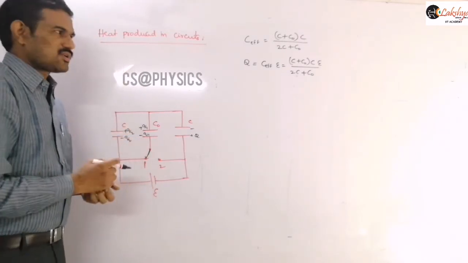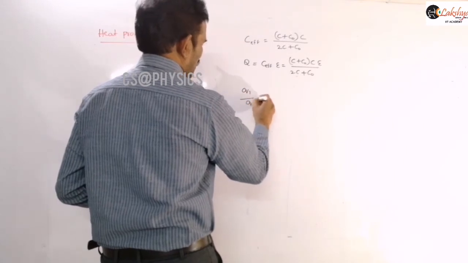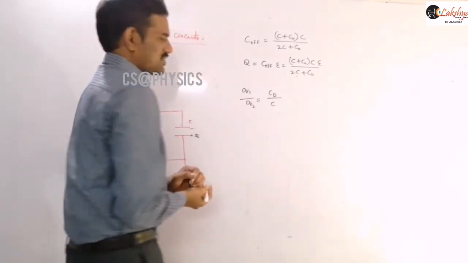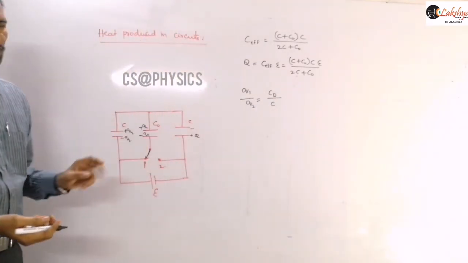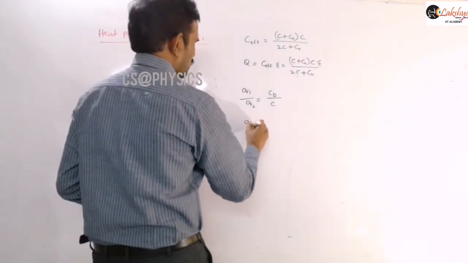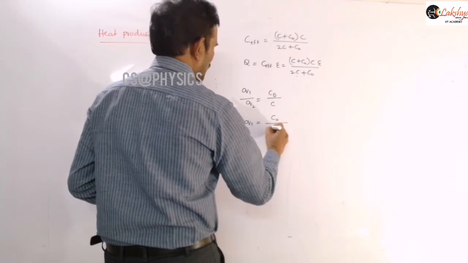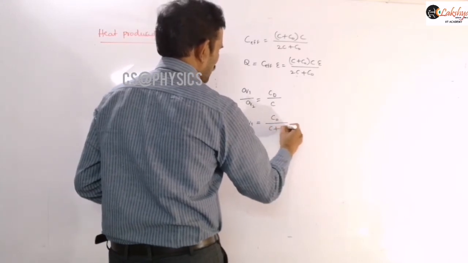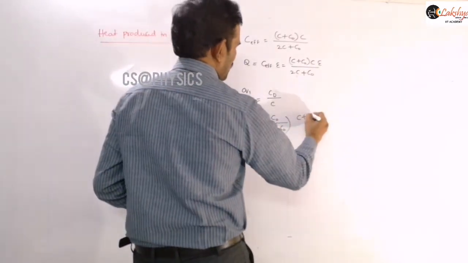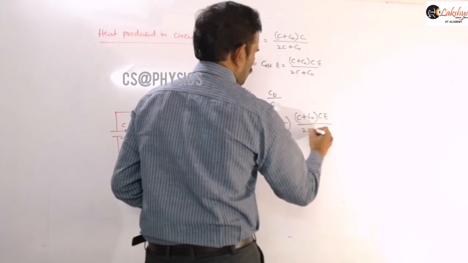As the capacitors are in series parallel, you can write the ratio Q1 by Q2 as C1 by C2, which means C0 by C, because the potential difference across them is the same. Therefore Q1 is C0 by C plus C0 into the total charge, which is C plus C0 into CE by 2C plus C0.